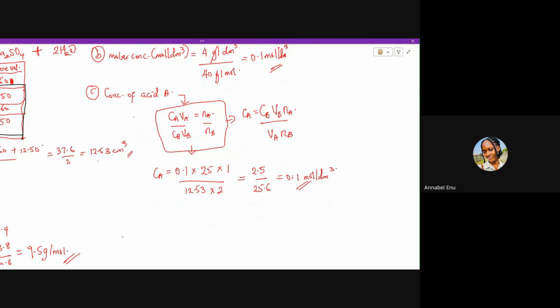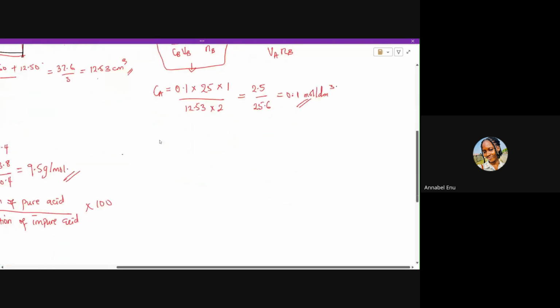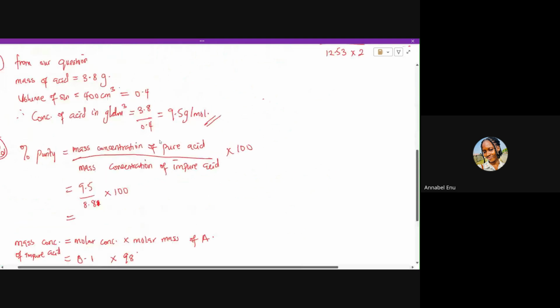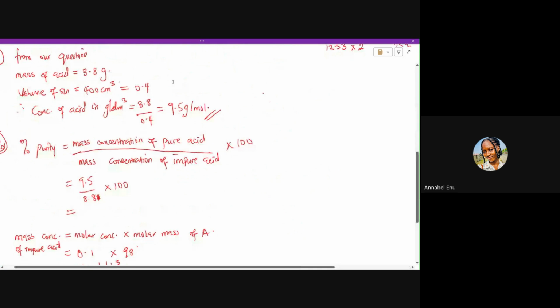Because even what we divided is 2.5 in one decimal and 25.6 also in one decimal. So let our answer also have the same energy, so the molar concentration here, so that our purity answer will make sense. This will no longer be 8.8.